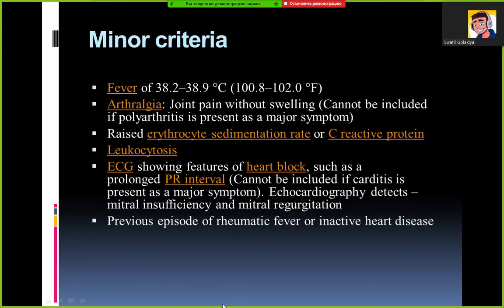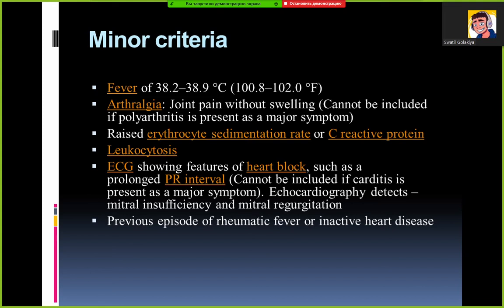Minor criteria are fever, arthralgia. Arthralgia means joint pain without swelling. The next criteria, raised erythrocyte sedimentation rate or C-reactive protein. Next criteria, leukocytosis means increased WBCs.